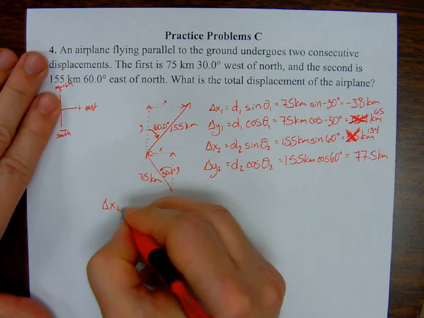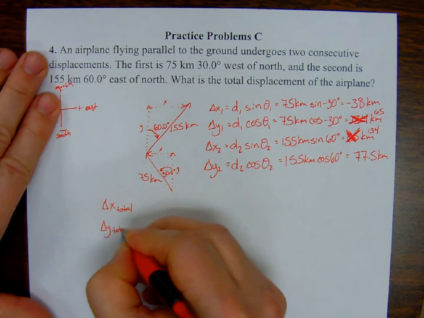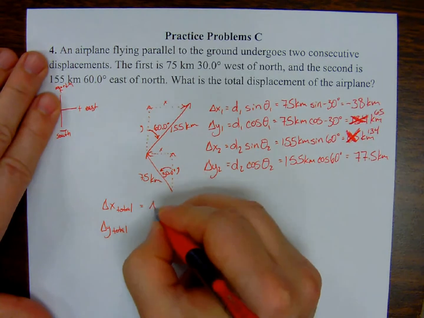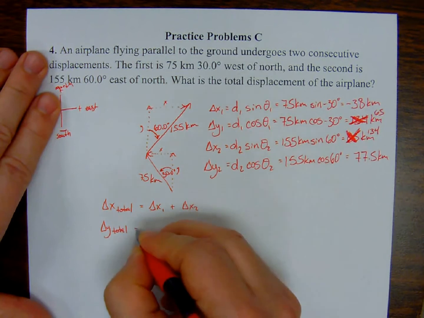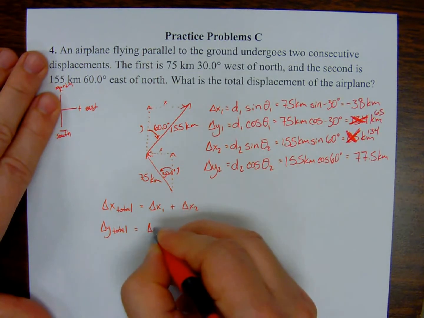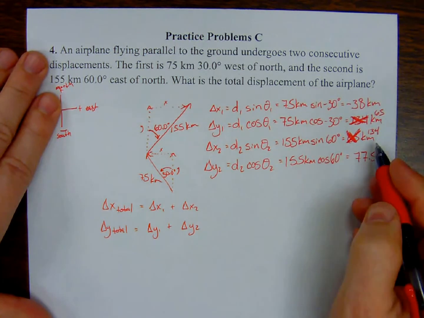So I'm going to add in, here's the importance of this first negative number. It's negative 38 kilometers plus 134 kilometers, which ends up being 96 kilometers.